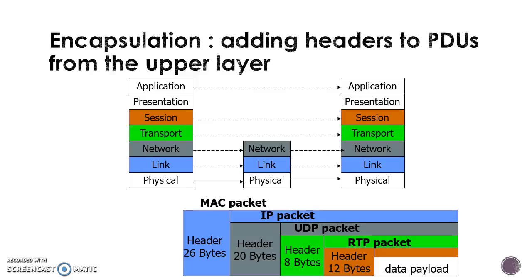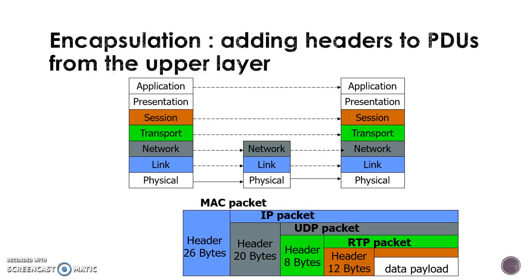Then the RTP packet is encapsulated with an 8-byte header from the transport layer, as shown by the green colored header beside the RTP packet. The header structure for the transport layer is prescribed by the UDP protocol operating in the transport layer.